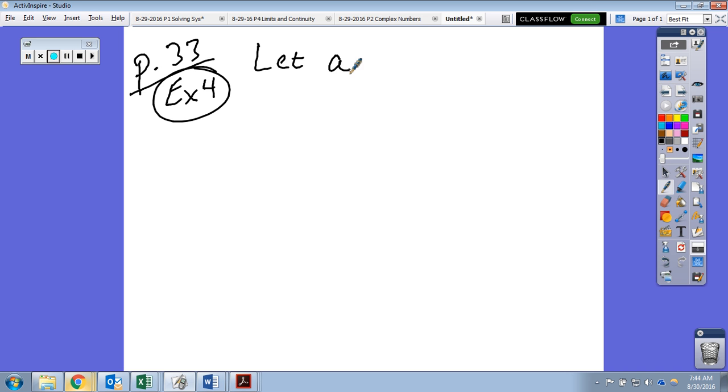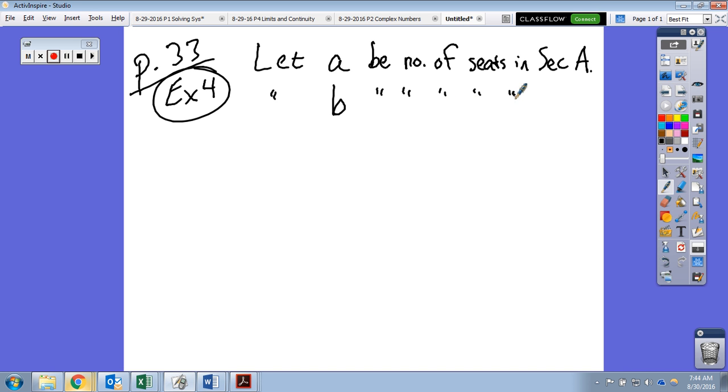So let A be the number of seats in section A. Then let B be the number of seats in section B, and then we're going to let L be... they don't call them lawn seats, do they? They do call them lawn seats. Let L be the number of seats in lawn.